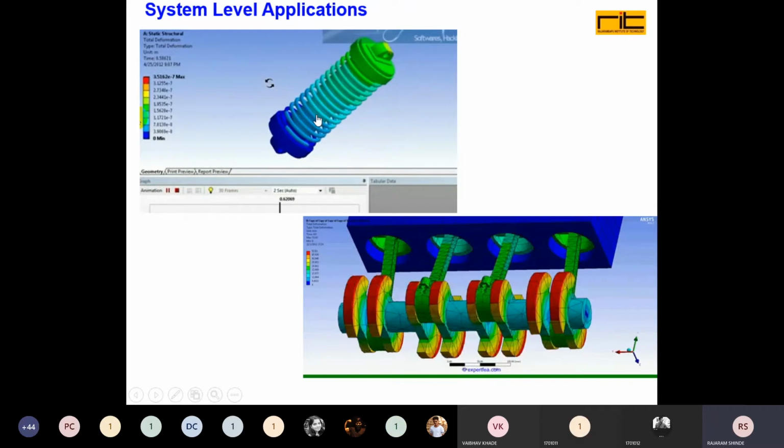In the complete engine under working conditions, we can predict how the crankshafts, connecting rods, pistons and cylinders behave, and what stresses develop in these components, with the help of the finite element method.